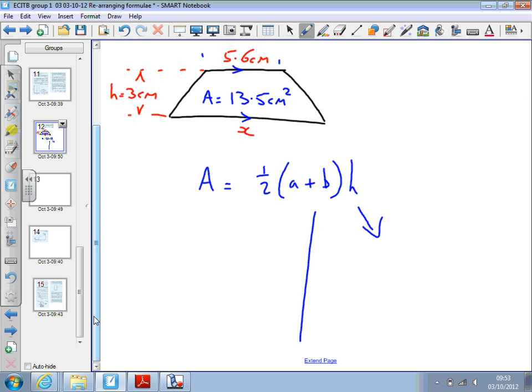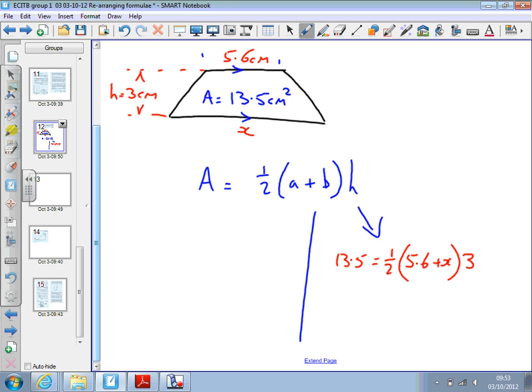That means put the numbers in. 13.5, that's the area, equals a half times one side, so that's 5.6, plus the other side that we don't know, x, times the height, which is 3. Now we've got to try and solve that equation, i.e. get x on its own.